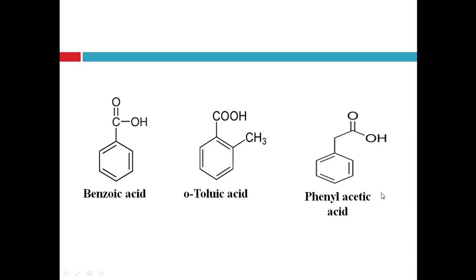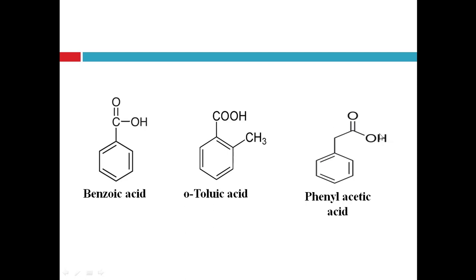Unlike these molecules, in phenyl acetic acid, the carboxylic acid group is a part of the side chain on the benzene ring. See here, phenyl acetic acid, the phenyl ring having the CH2COOH group.